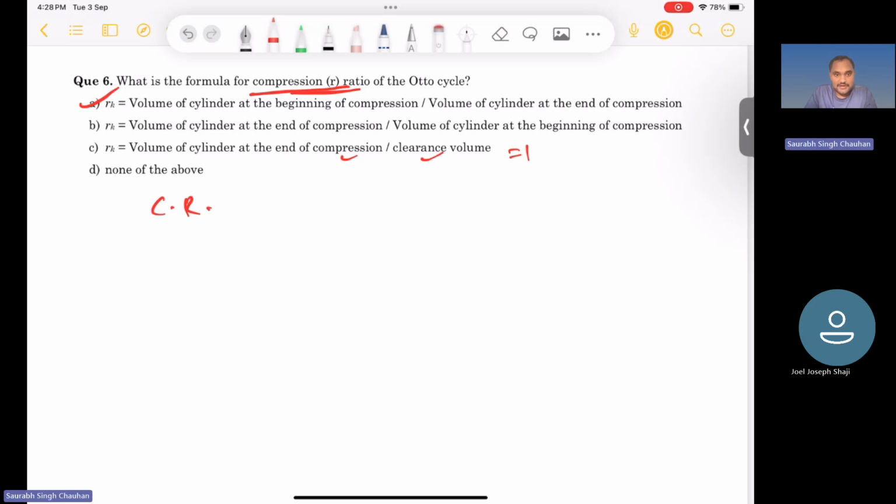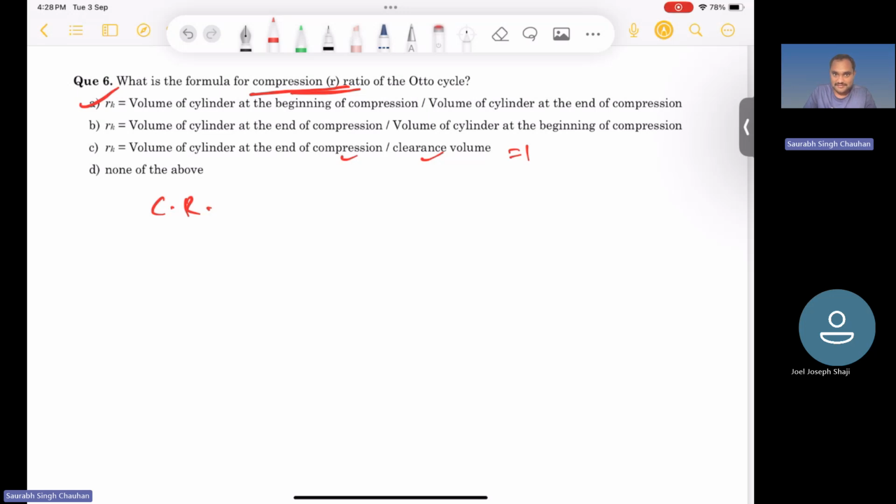So this is a very important quantity, compression ratio, because it affects the efficiency of any engine, whether it is a CI engine or an SI engine. Efficiency of engines depends on compression ratio. Usually a higher compression ratio gives more efficiency. So you try to increase the efficiency, but you cannot keep on increasing it.